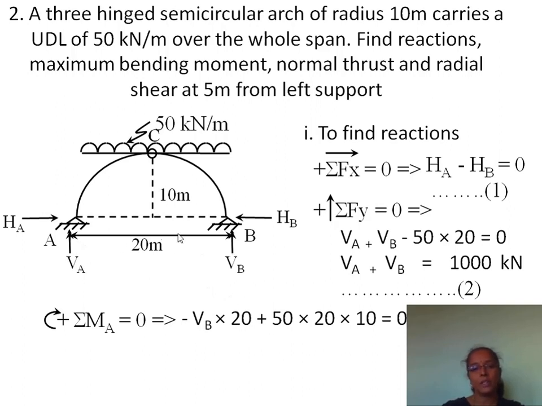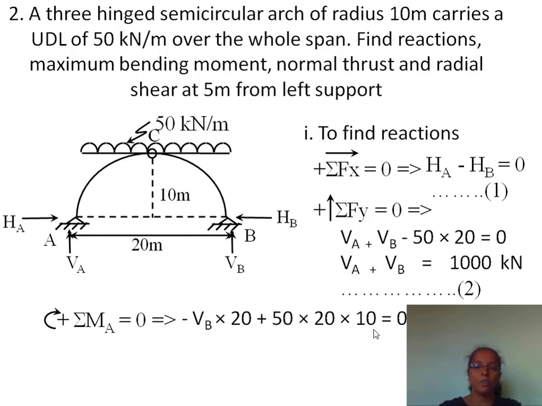This perpendicular distance is 20 meters, and then this UDL, 50 into 20, is the equivalent point load, and that point load will be acting exactly at the center of the length. Therefore 50 into 20 into 10. So the perpendicular distance from A is 10 meters. So therefore 50 into 20 into 10.